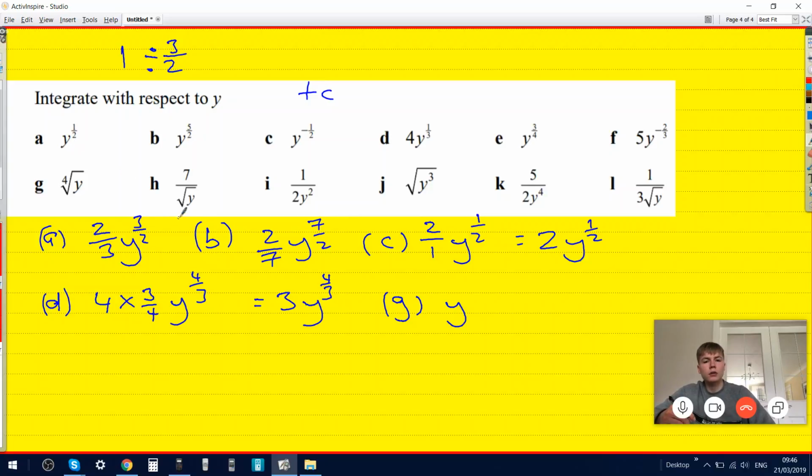That's the same as square root of y. Yeah. And so 4th root of y is the same as y to a quarter. Yes.